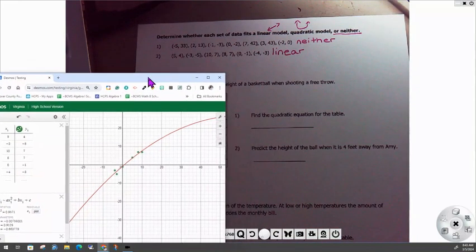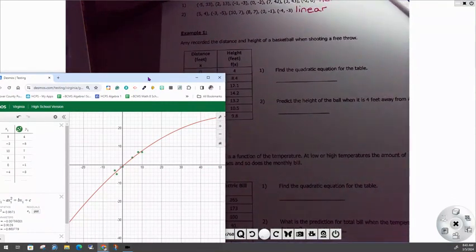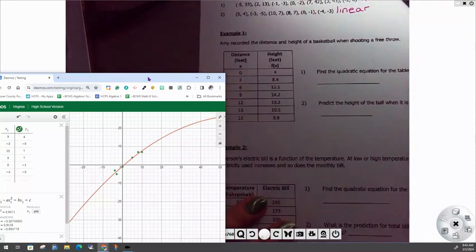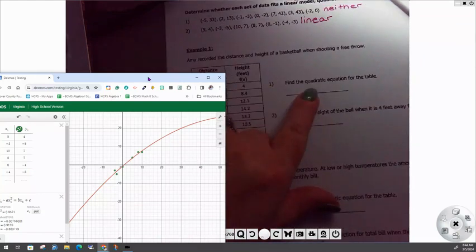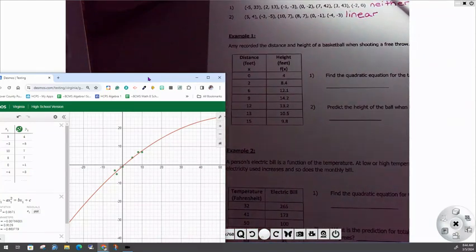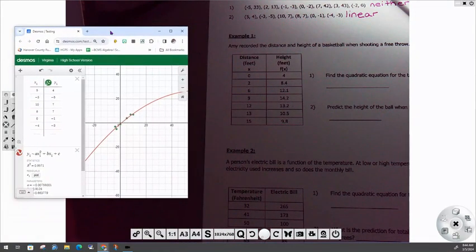All right, let's go to our next question. It says, Amy recorded the distance and height of a basketball when shooting a free throw. So we have her data points, and it says find the quadratic form equation of the table. So let's come over here to our Desmos. I'm going to shrink up my Desmos just a little bit so I can see this.